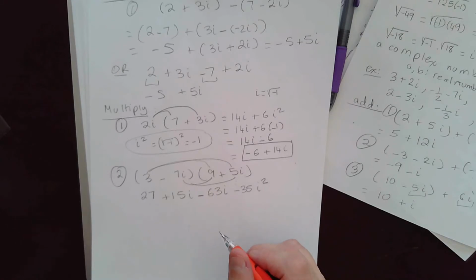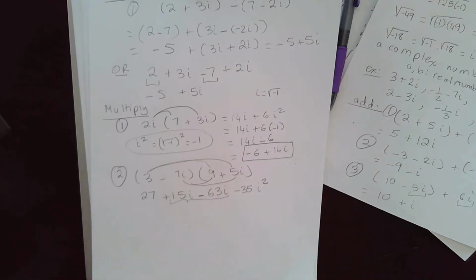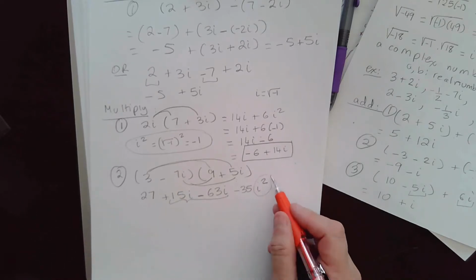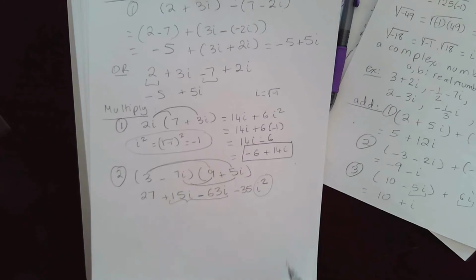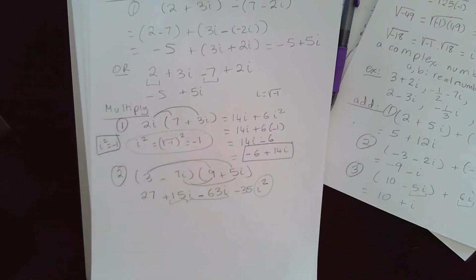Now, combining like terms, remember we have like terms here. We just combine them. And remember, we let i squared equal negative 1. So always remember, i squared is equal to negative 1. So now let's simplify. Let's combine these.